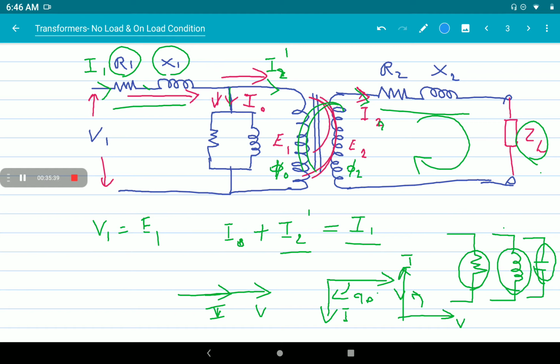When we consider R1 and X1, V1 and E1 will not be equal. You have to consider the drop I into R1 plus jX1. You have to consider that also. And here also E2 and V2 will not be equal. Here you know that V1 will be greater than E1.